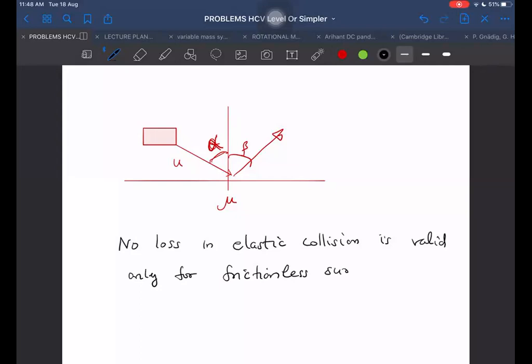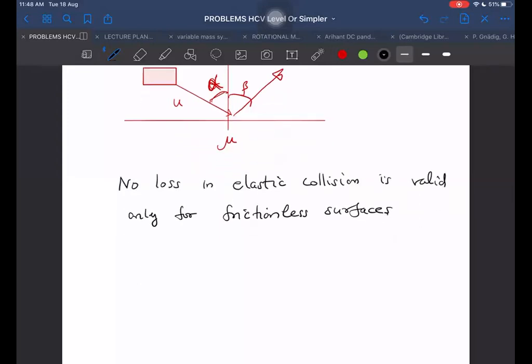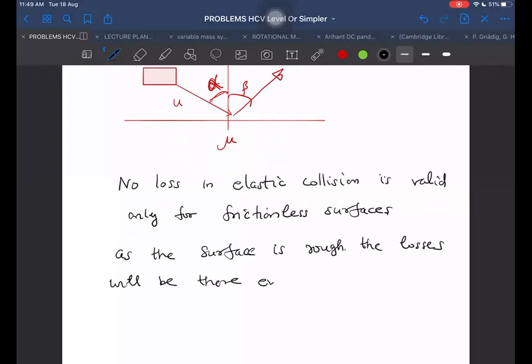If it has a rough surface, then even for elastic collision there can be loss. Because the surface is rough, the losses will be there even for elastic collisions.